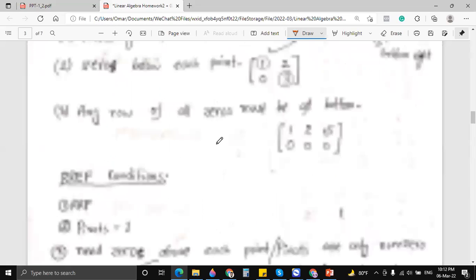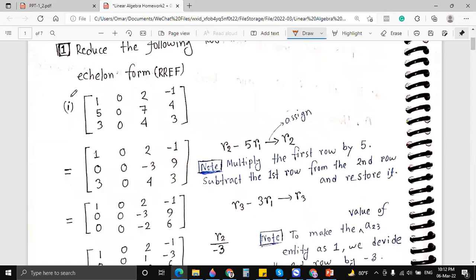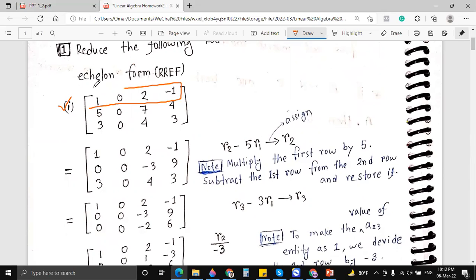For example, in this example here, you see this is our first row, and all the entries are not zero. So we can say that this one is our pivot, okay? Now we have to think about our main diagonal. This is our main diagonal.